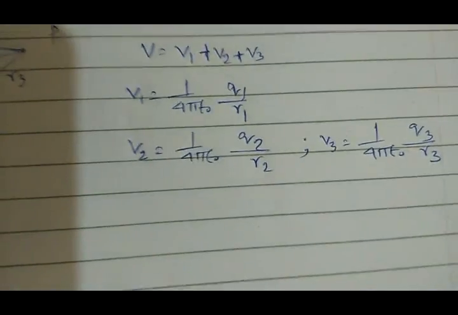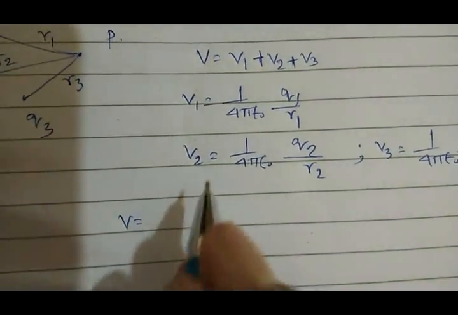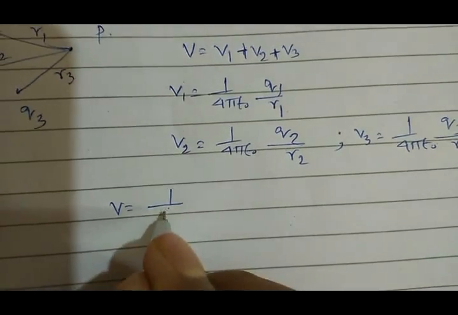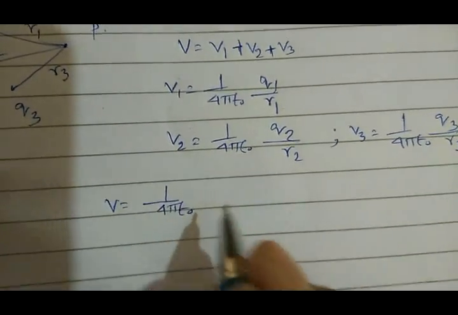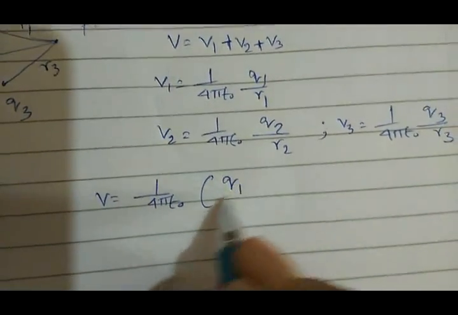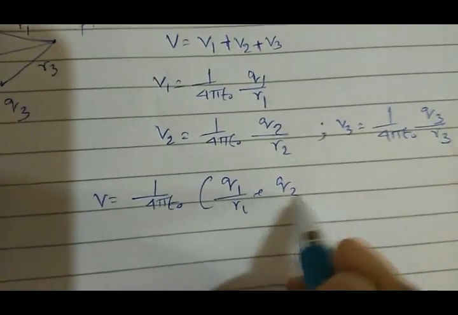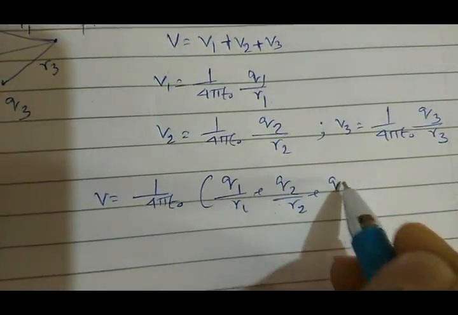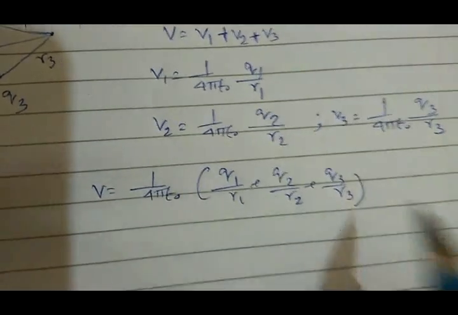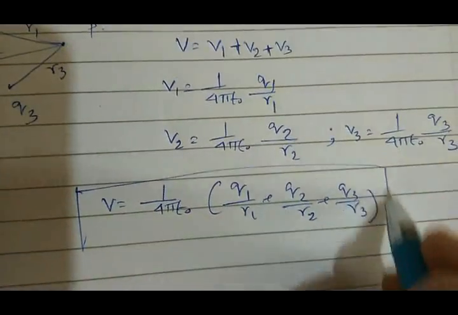The total potential V will be 1 by 4 pi epsilon naught, you can take it out, times Q1 by R1 plus Q2 by R2 plus Q3 by R3, so this will be the potential.